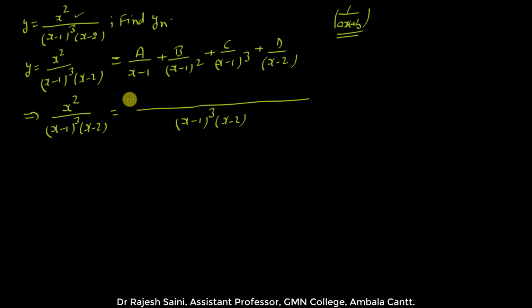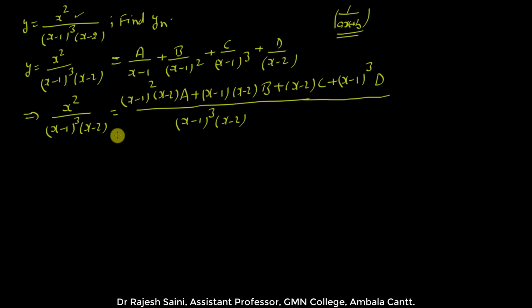So what it will be? (x minus 1) square (x minus 2) into a, (x minus 1) into (x minus 2) is b, (x minus 2) is c, plus (x minus 1) cube d. Fine, so this will cancel out.